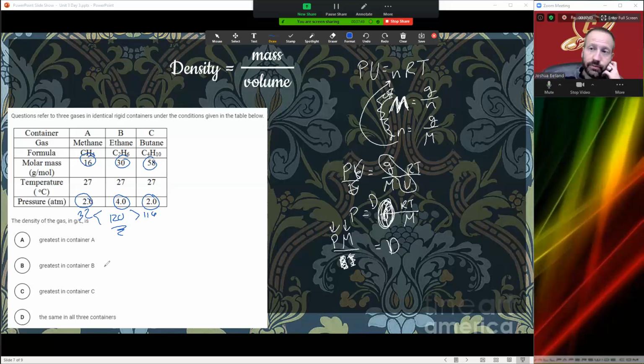So this illustrates something that they do ask kind of often. They ask about density in conjunction with gases. Sometimes it's just a thought experiment, and sometimes, like this question, you totally need to just find the equation. And this equation I ended up with here, density is equal to PM over RT, that equation is not on your formula chart.